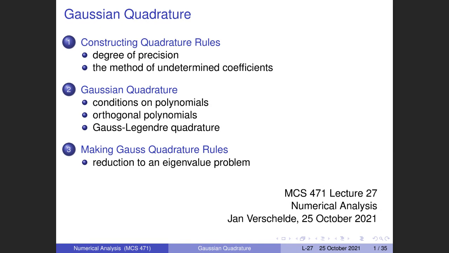Very good. Then the central question for today is, if we are completely free in determining where we're going to evaluate our functions, what is the highest degree of precision that we can get at? So that's the question that we will solve today. Accuracy improves with orthogonality.